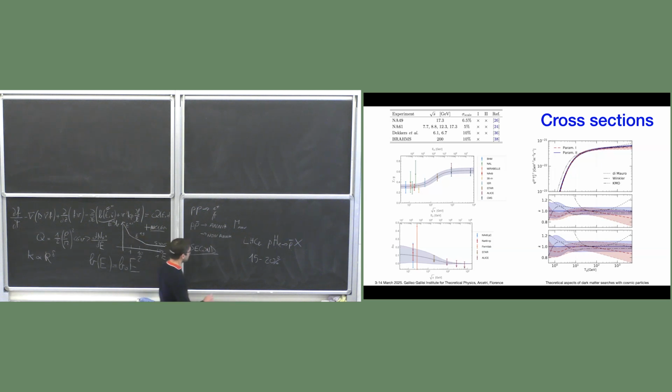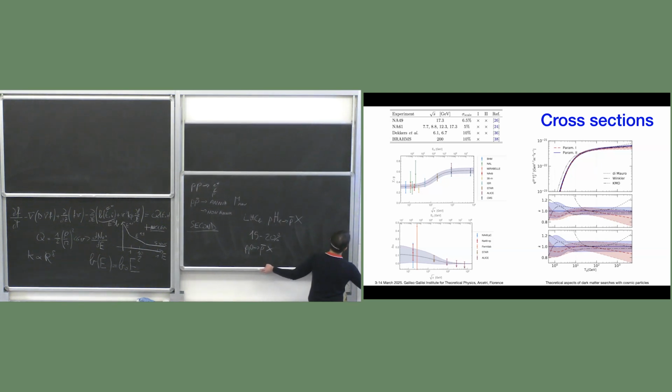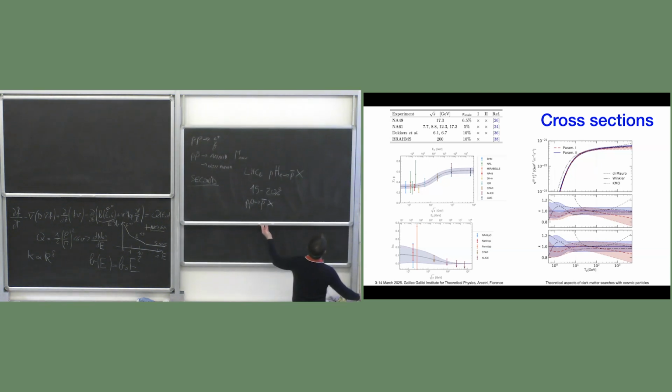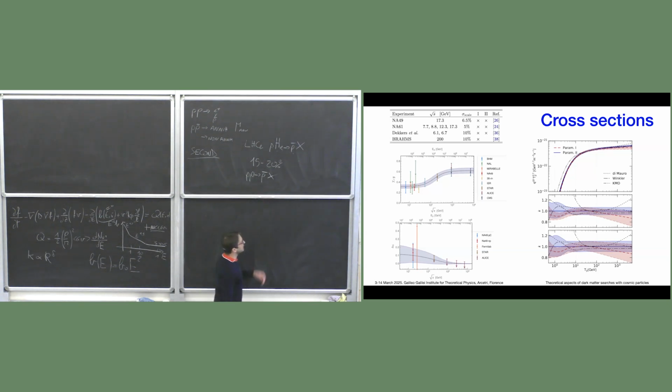This is taking into account the prompt production of antiprotons, so proton-proton producing antiproton X. But for antiprotons, you have also other very important mechanisms. One in particular is quite challenging to measure. And this takes into account proton-proton producing antineutron. Okay?